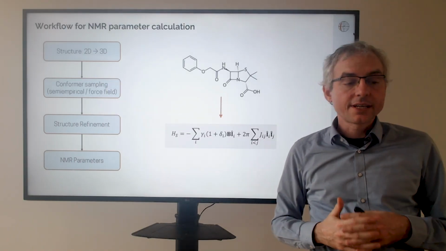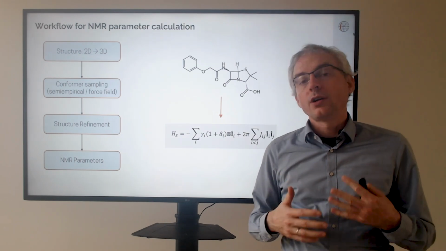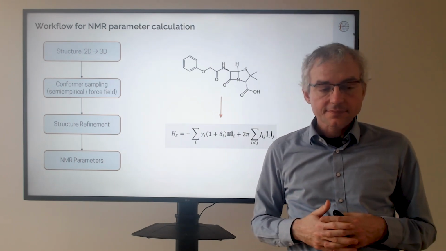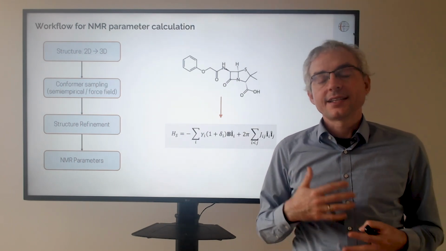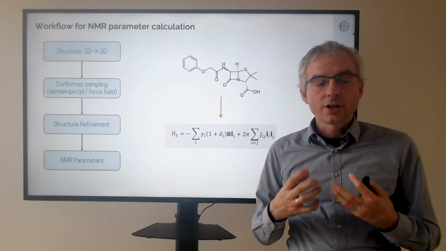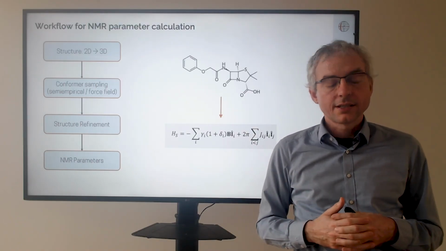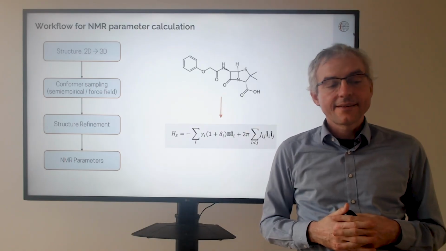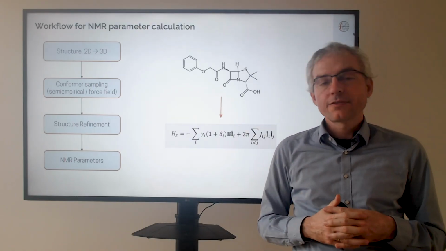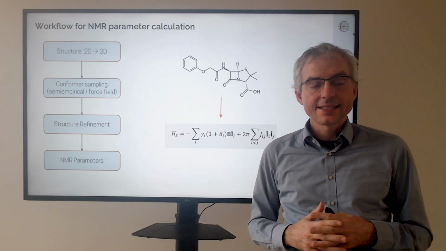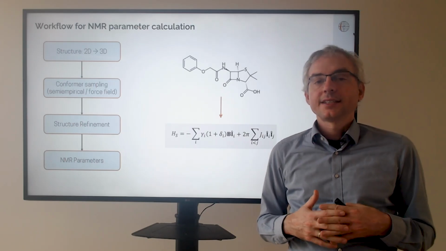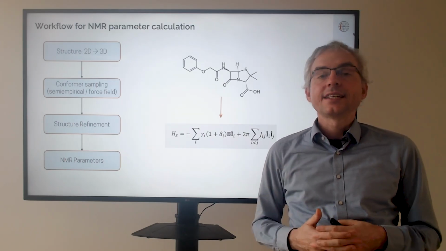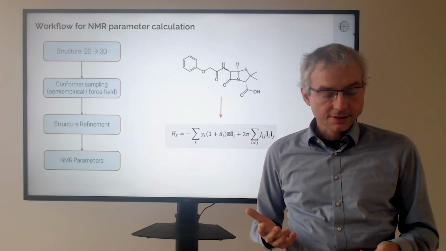That's quite critical, that you sample over all possible conformers, since normally the experiments take longer than the time your molecule needs to average out over all these possible states or forms. Then you do some additional structure refinement, and at the end you calculate from this the NMR parameters using density functional theory.